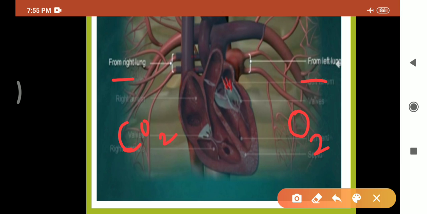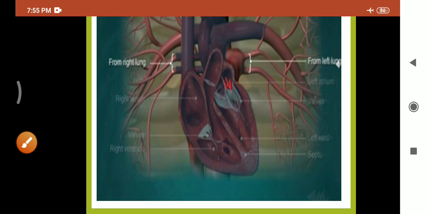So oxygenated blood is always on the left side, and in both chambers, atrium and ventricle, the right side of the heart always has deoxygenated blood and the left side has oxygenated blood, right?